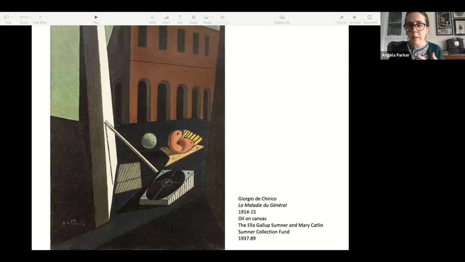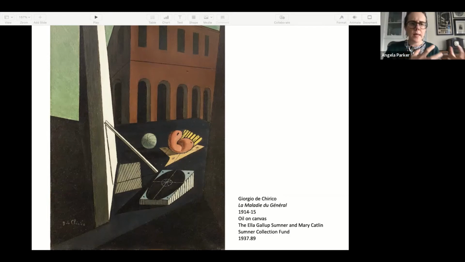And this work is a good example of how he often aimed to create an eerie mood and a sort of unnerving sense of unbalance. So in discussing this as a group, we spoke about just how De Chirico was able to achieve that eerie mood and unnerving sense of unbalance, thinking about things like the odd angles at which each of the objects are set in the composition, their uncertain relationship to each other, an uncertainty about what the objects are, but also how their size and scale might speak to one another.